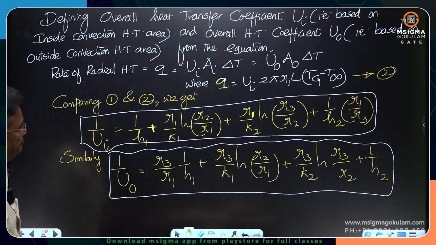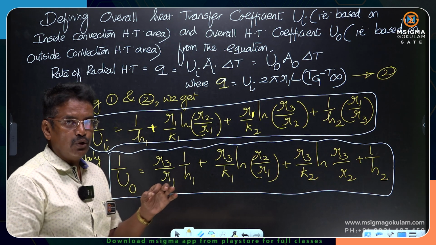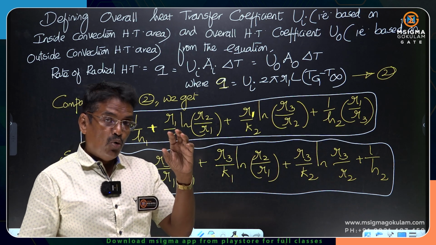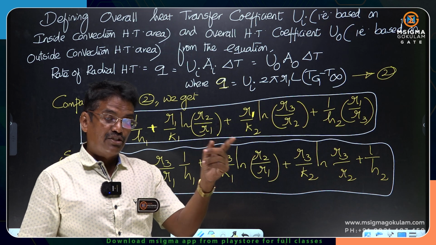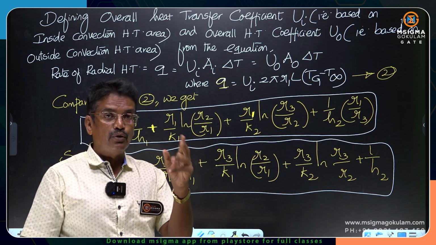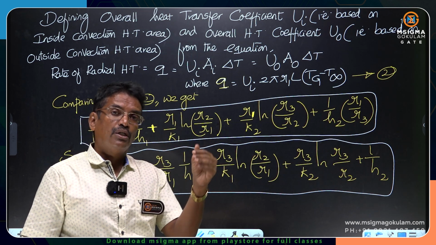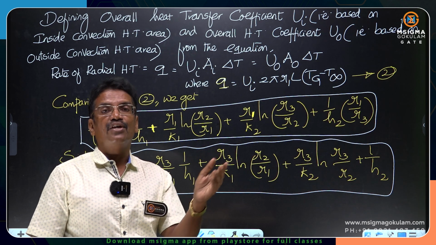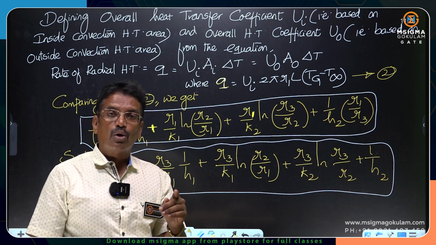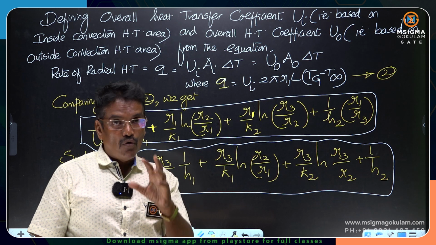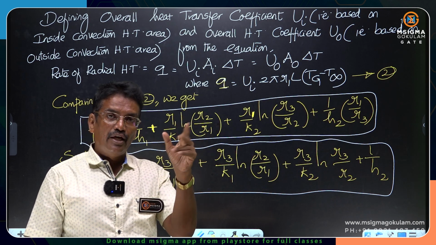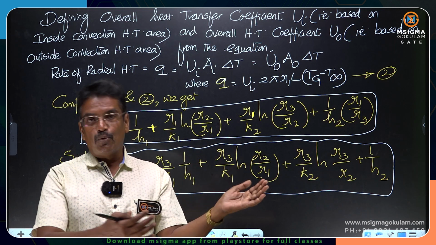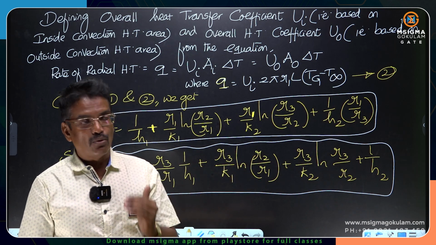What is the significance of U? U signifies how much total thermal resistance there will be against the heat flow. If U is more, the total thermal resistance against the heat flow will be lesser, therefore the heat transfer rate will be more. Overall means every resistance against the heat flow is taken into account.